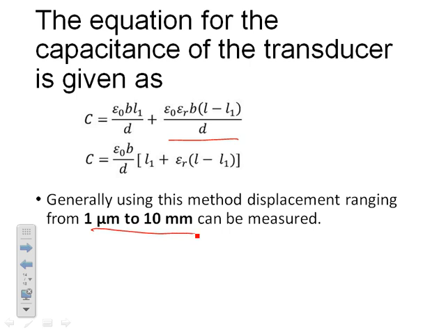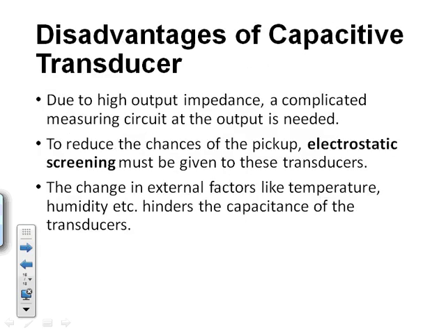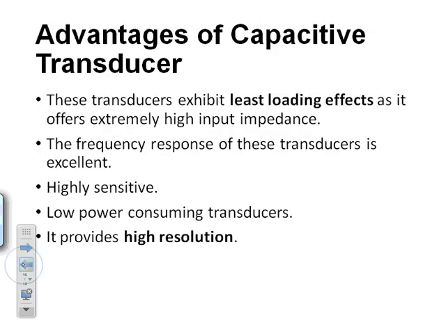So these are the three basic principles or methods that are used in the capacitive transducer. Then we see the advantages of capacitive transducer. What are the advantages of capacitive transducer? These transducers exhibit least loading effect as they offer extremely high input impedance.